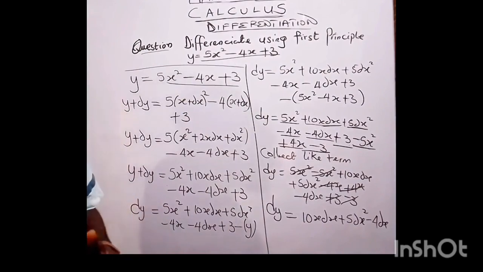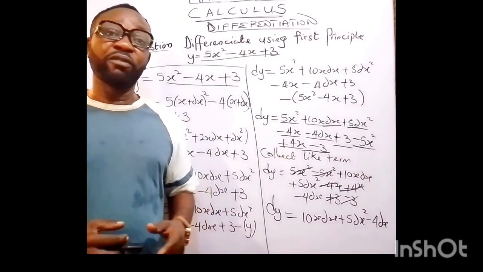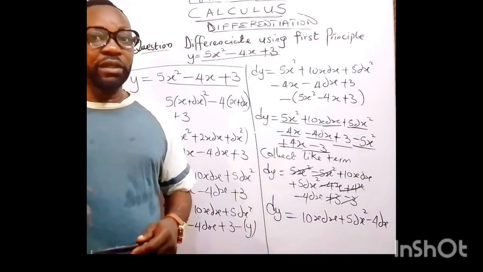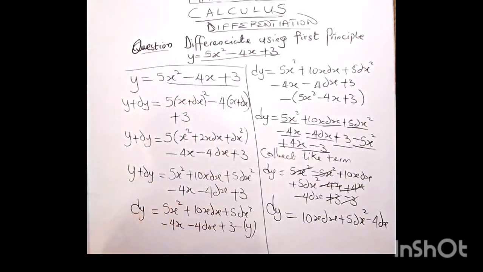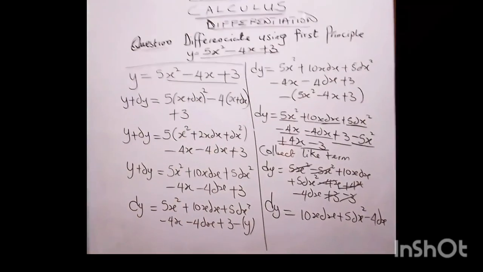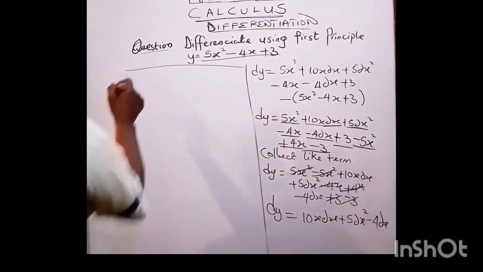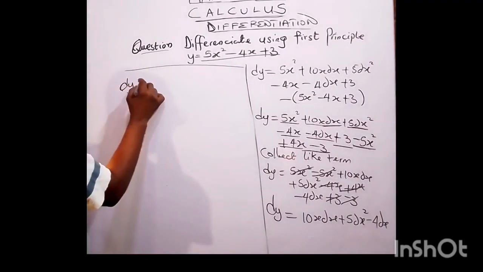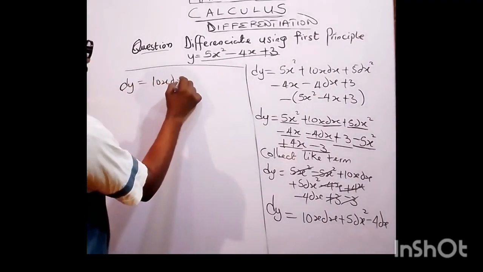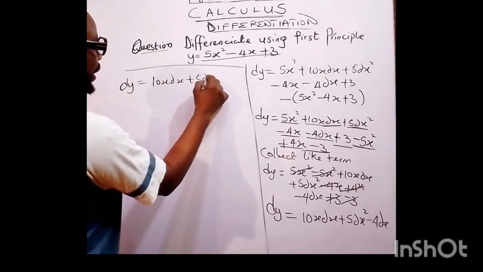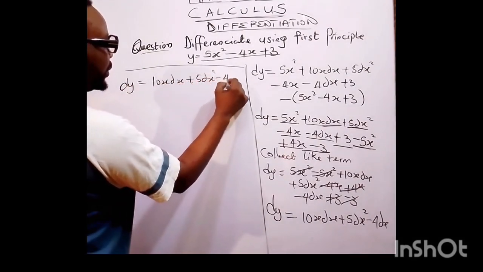But don't forget, I'm interested in finding the value of dy/dx. So let's look at the next step we're going to take now to get dy/dx. Okay, now dy has been gotten to be equal to 10x dx plus 5dx squared minus 4dx.